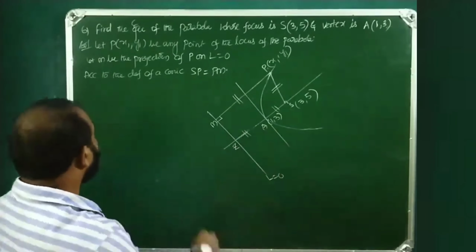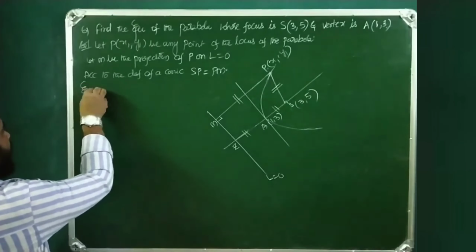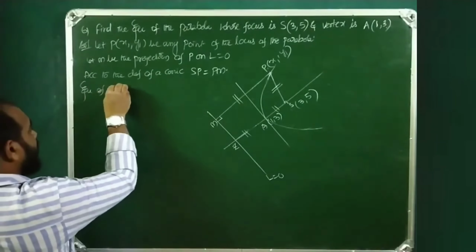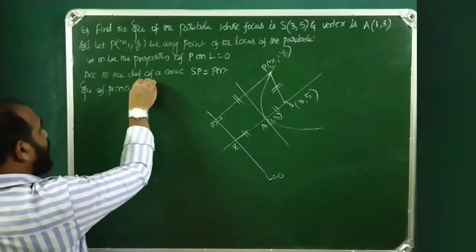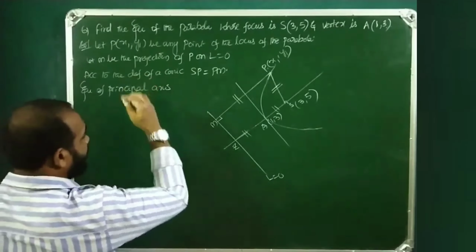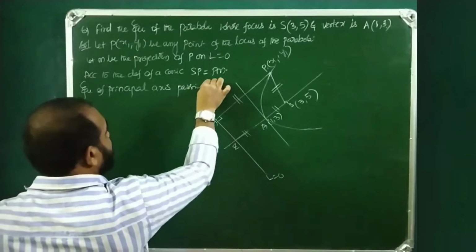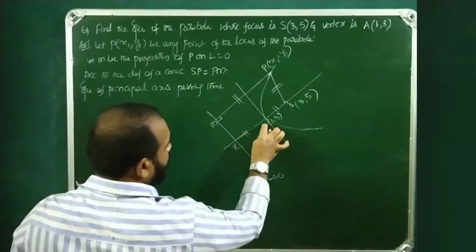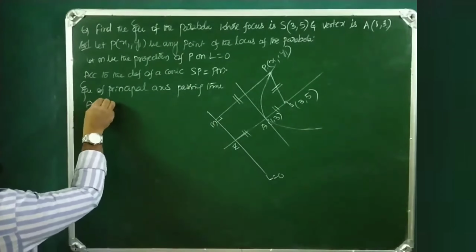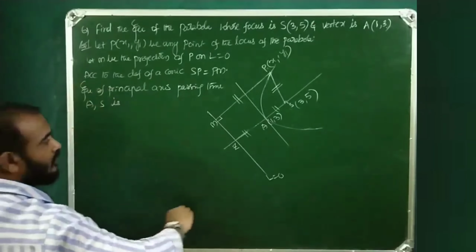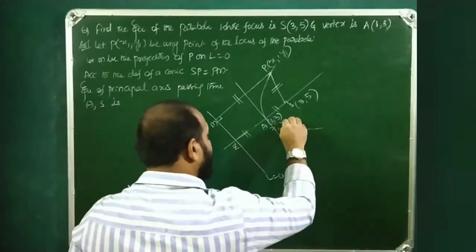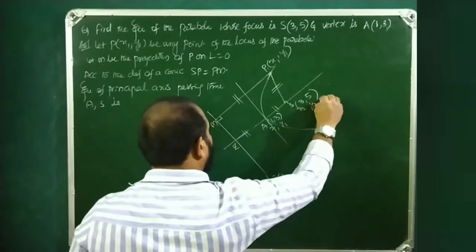Therefore, first of all, what is the equation of the principal axis passing through A comma S, taking this as (x1, y1) and this as (x2, y2).